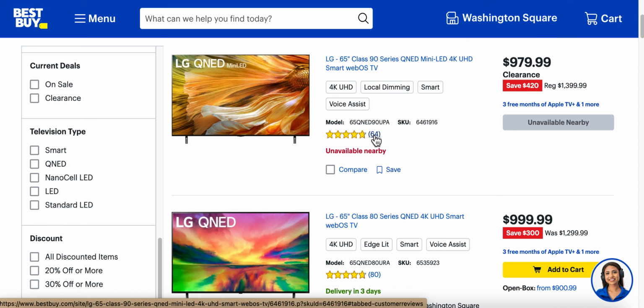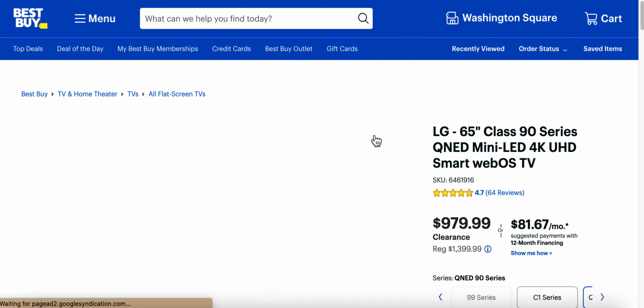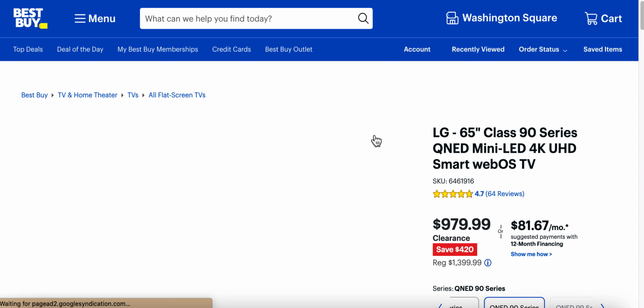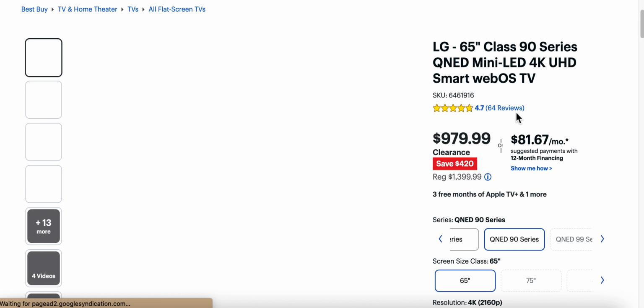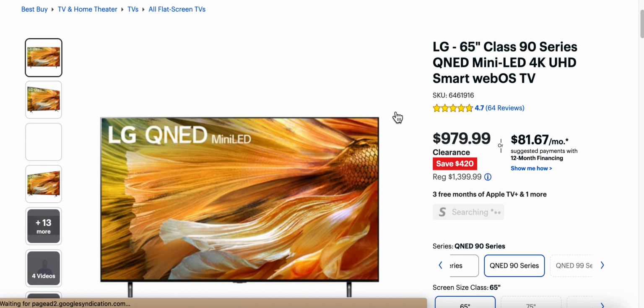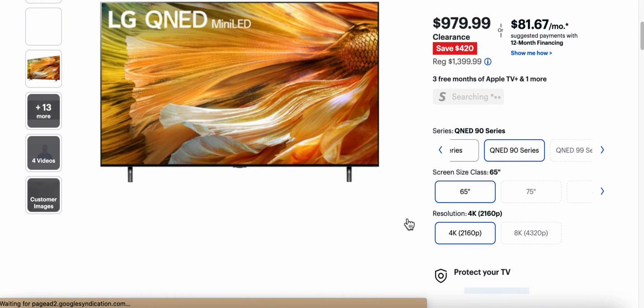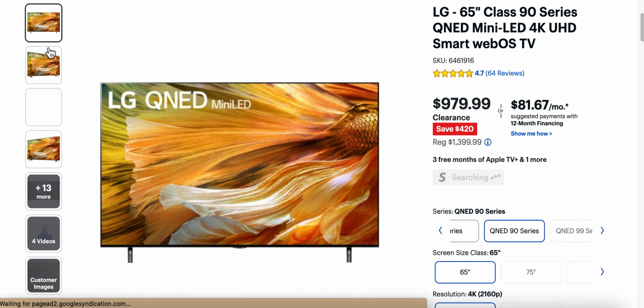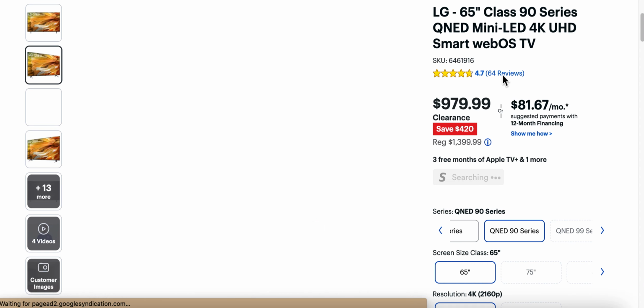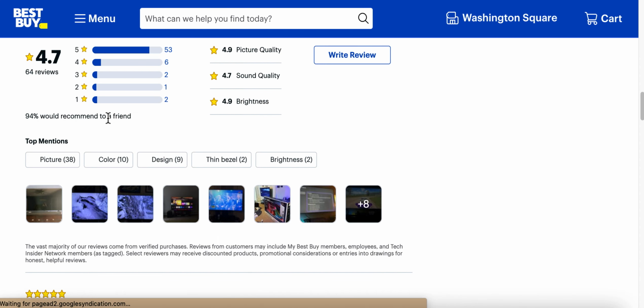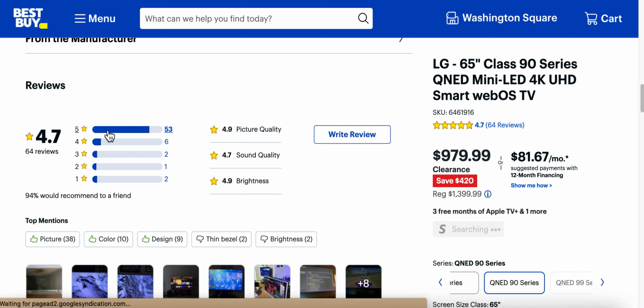64 isn't a bad sample size, but you always have to make sure that you understand that there can be some, I would say, bad data in this because companies can go out and just purchase people to put reviews on their site. I'm not saying that happened here, but if I look at these reviews, it's given me how many of each have been rated here.